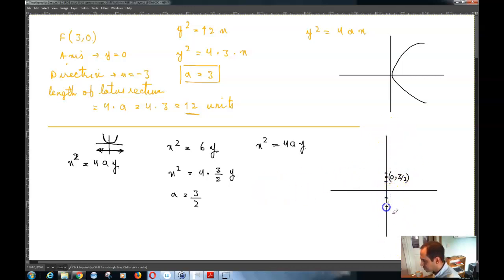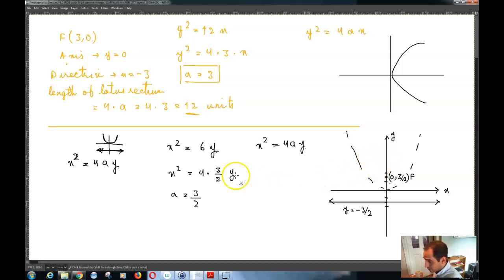So y is equal to negative 3 halves is going to be your directrix. This is your x-axis, this is your y-axis, and this is your focus, and your parabola is going to be something like this.